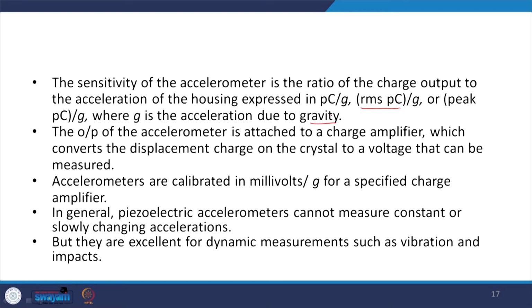And the output of the accelerometer is attached to a charge amplifier which converts the displacement charge on the crystal to a voltage, and that voltage can be measured. These accelerometers are calibrated in millivolt per G for a specific charge amplifier.